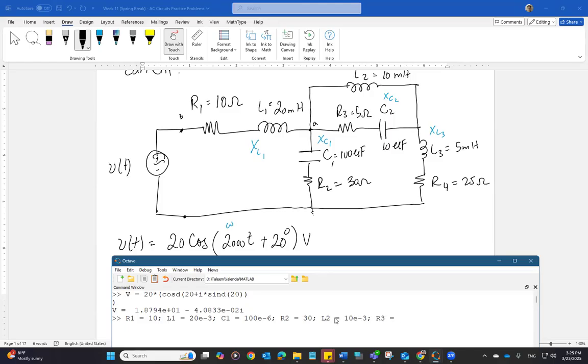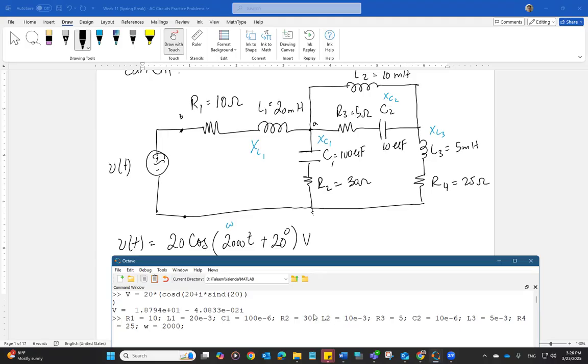R3 is 5. C2 is 10 micro, exponent -6. L3 is 5 milli. L3 is 5 exponent -3. R4 is 25. And finally, we have to give the value of omega, which is 2000 radian per second.